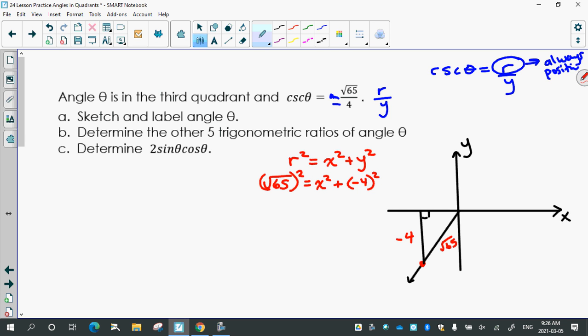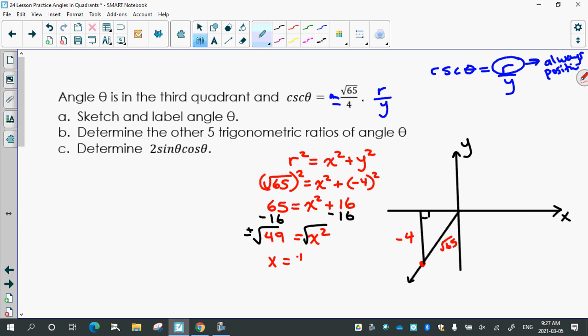Square undoes square root, so all you're left with is 65. And when you square a negative number, you get a positive. You're trying to get x by itself, so you would subtract 16 on both sides. So that gives you 49. Square root, and you get plus or minus 7.